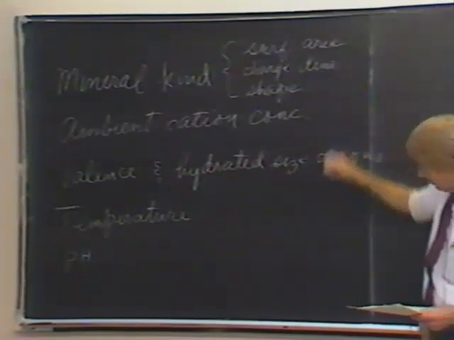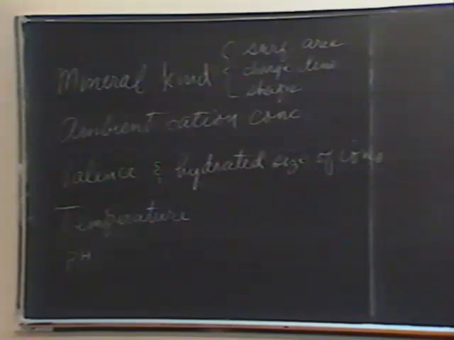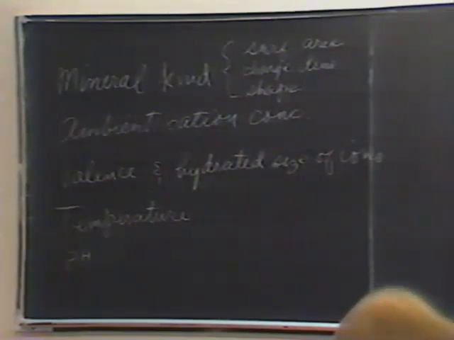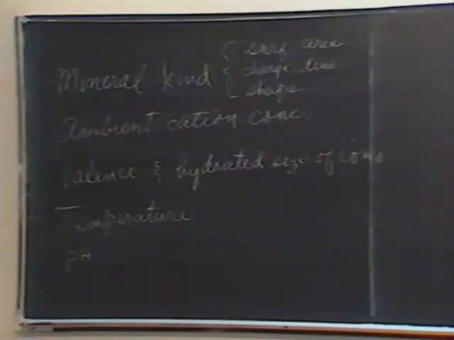I passed out a curve to you. I'd like to describe how it was obtained and use it to illustrate the importance of the relation between cation exchange capacity, sodium absorption ratio, and the kind of clay.